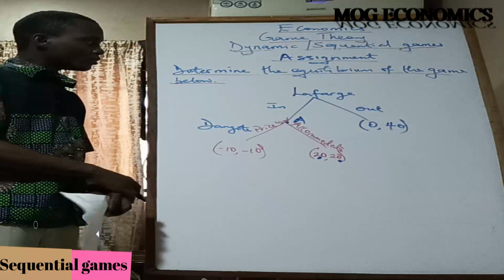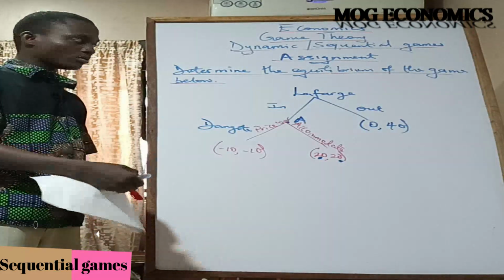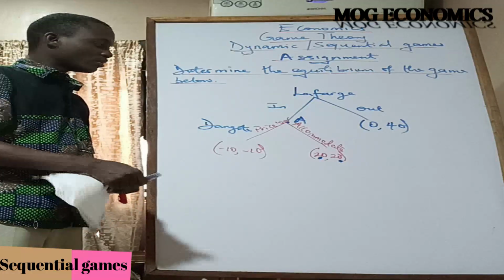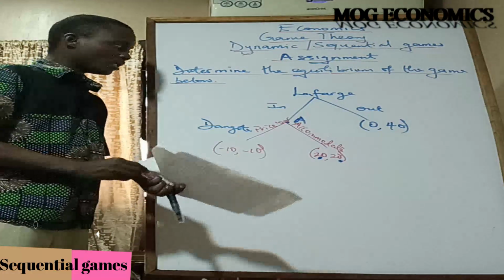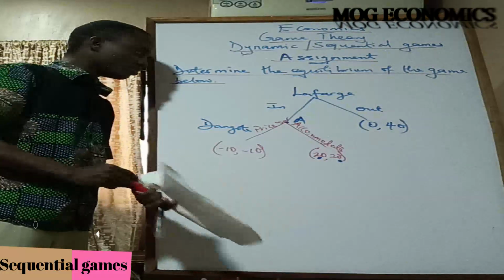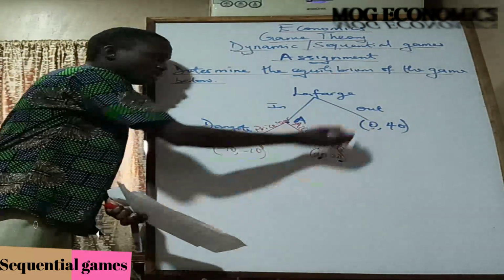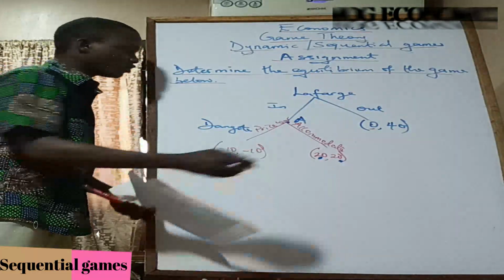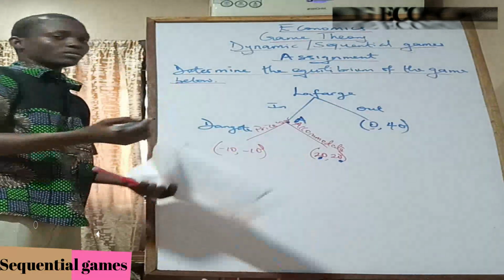Then you have to consider the out. If Lafarge should stay out, Lafarge is only going to get zero. 20 is better than zero. So this is the equilibrium, where Lafarge comes in and then Dangote accommodates it.